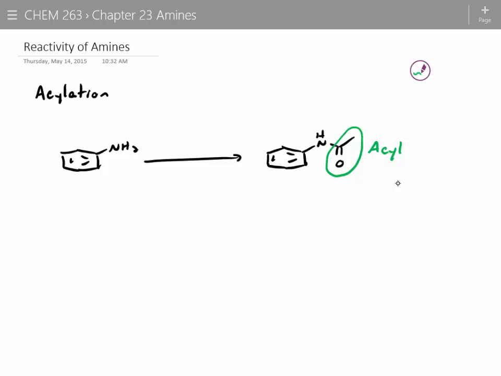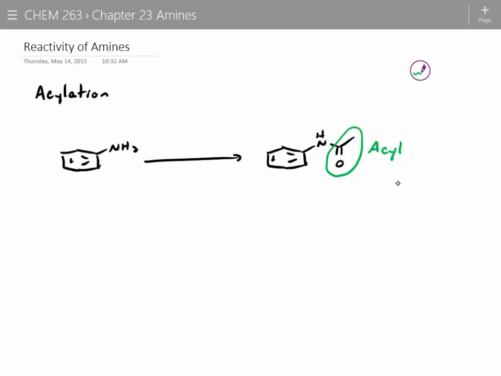What reagent can we use, or what reagents can we use? What defines that as an acyl group? It's just a carbonyl. It's a methyl ketone coming off of a nitrogen, or really anything for that matter. So, like, a methyl ketone coming off anything? Yeah, it will be referred to as an acyl group. So what do we need in order to get an acyl group installed onto aniline? Acyl chloride.